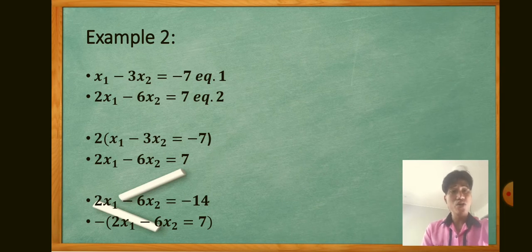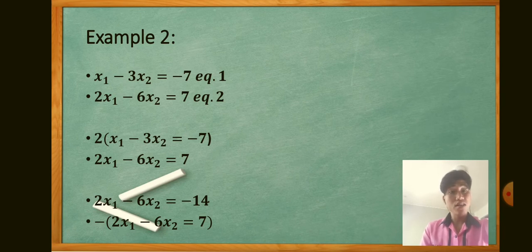So we should eliminate x1. The same process, we need to multiply equation 1 with 2. So 2 times x1 minus 3x2 is equals to negative 7 will become 2x1 minus 6x2 is equals to negative 14.